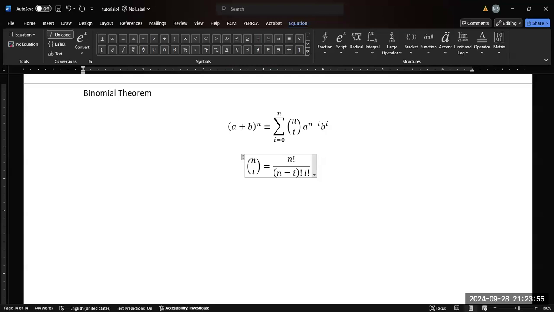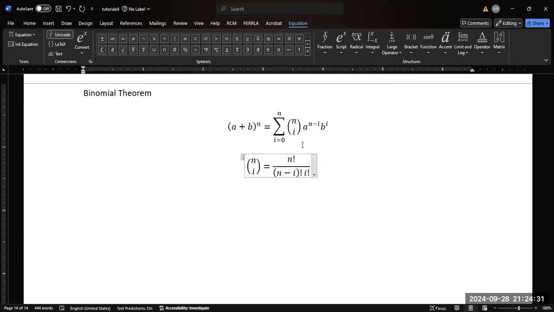Now, the factorial stands for n times itself and times every number less than that down to 1. So 5 factorial would be 5 times 4 times 3 times 2 times 1. And so this is a product of things, and a bunch of stuff is going to cancel. Especially for reasonable size n, you usually get a reasonable size coefficient. The ones where I is in the middle of 0 through n are going to be the largest.